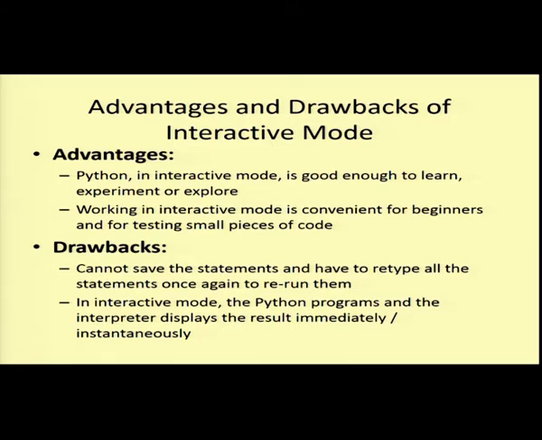Now let us see the drawbacks of using the interactive mode. When you use the interactive mode, you cannot save the statements and have to retype all the statements once again in order to rerun them. In an interactive mode, the Python interpreter displays the result instantaneously or immediately.